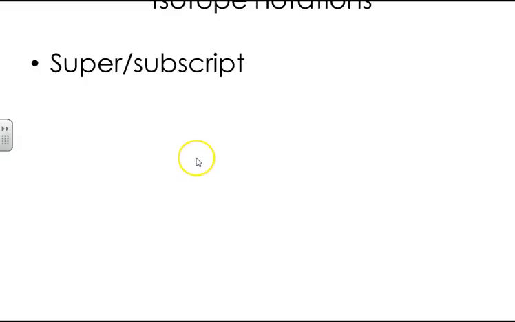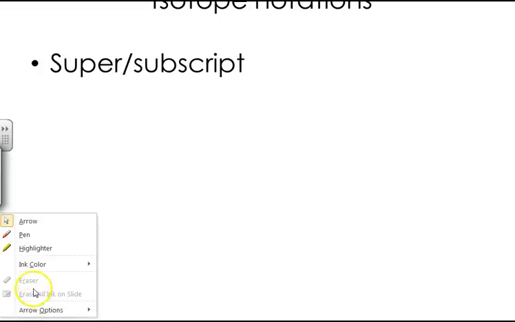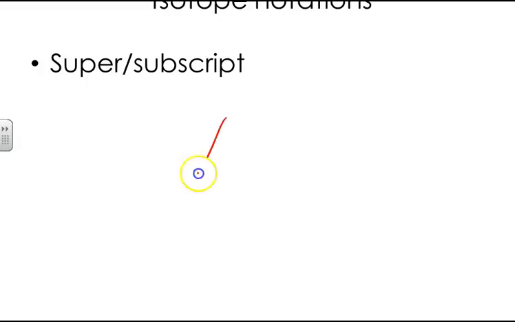So to be able to represent atoms of different elements, we're going to use a certain type of notation known as isotope notation. Isotope notation can be in two common forms. One of those is the superscript-subscript notation. So in superscript-subscript, if we have, as an example, the element X, we'll have a superscript here, and we'll have a subscript there to the left of the symbol.